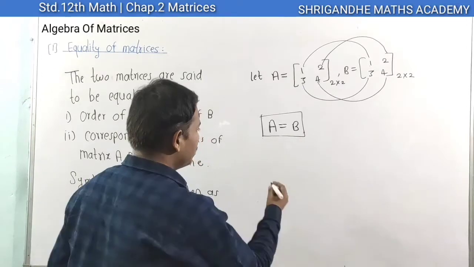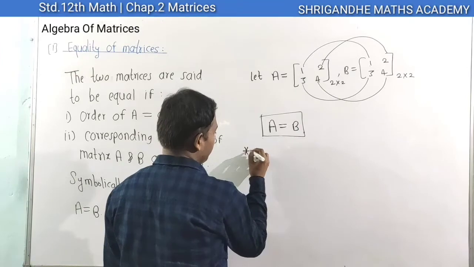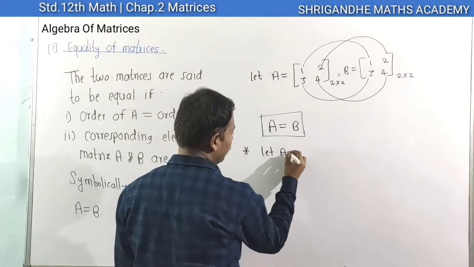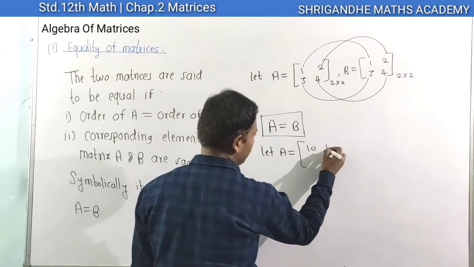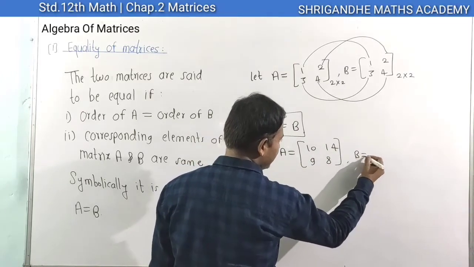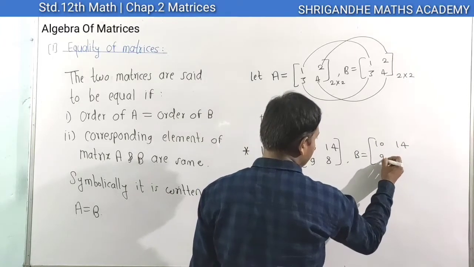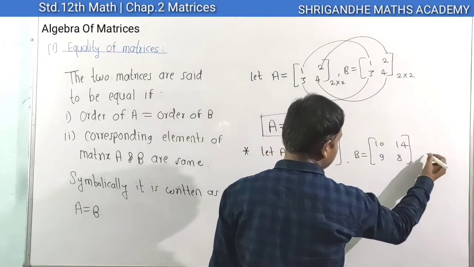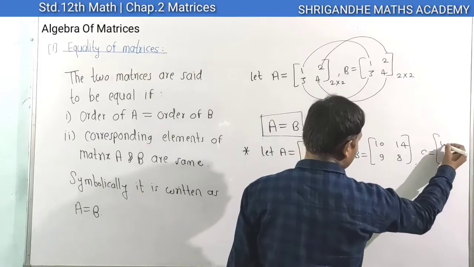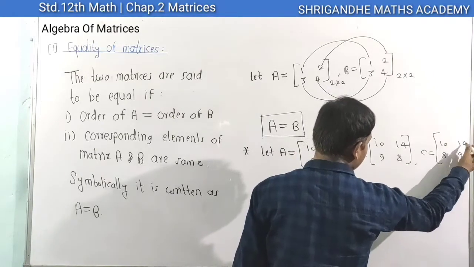Now, next we see: let A equal the matrix 10, 14, 9, 8, B equal the matrix 10, 14, 9, 8, and C equal the matrix 10, 14, 8, 9.